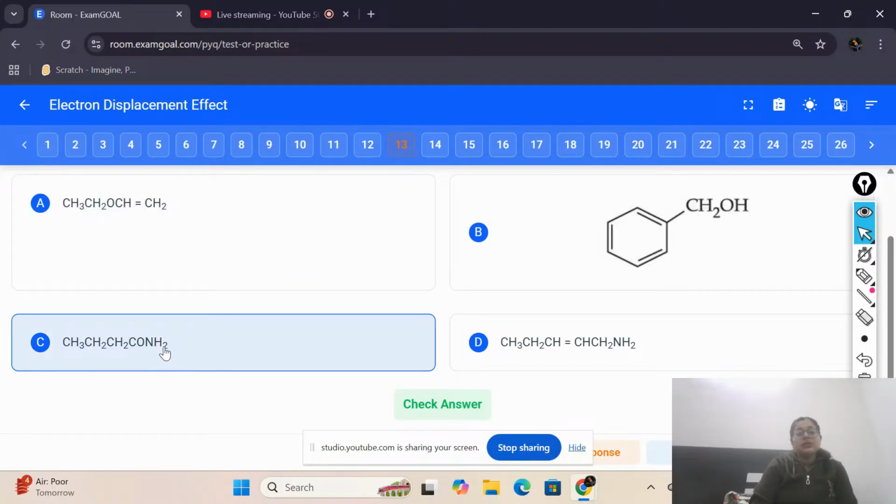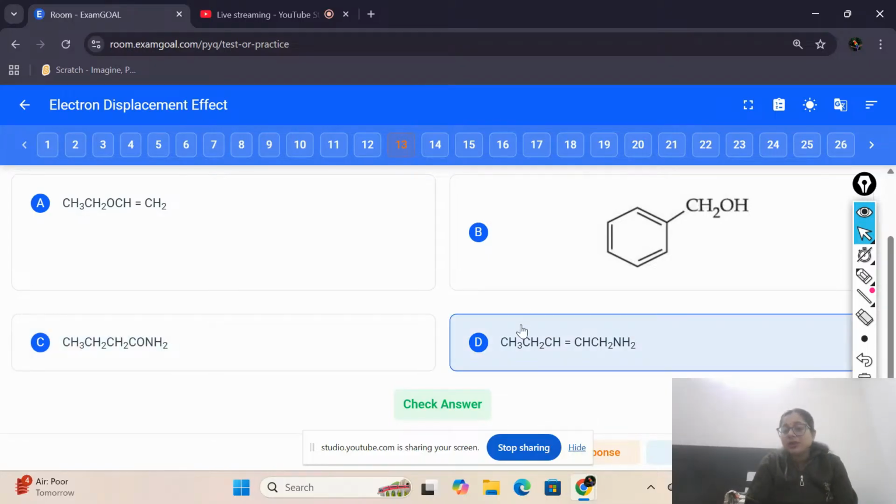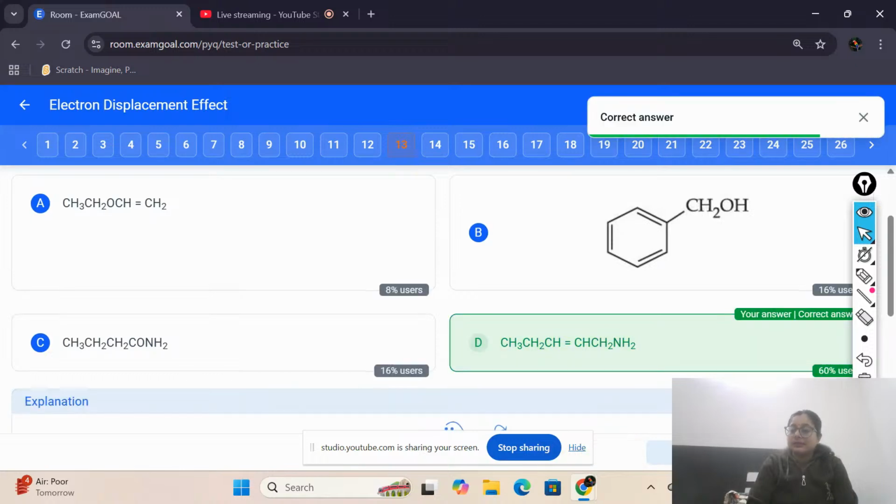Here also the CONH2 group will show the resonance. And this group is not conjugated. It is double bond, then carbon, then single bond, then single bond, then nitrogen with the lone pair. So two sigma bonds are in between the pi bond and the lone pair. So this will not show resonance. So this will be the correct answer.